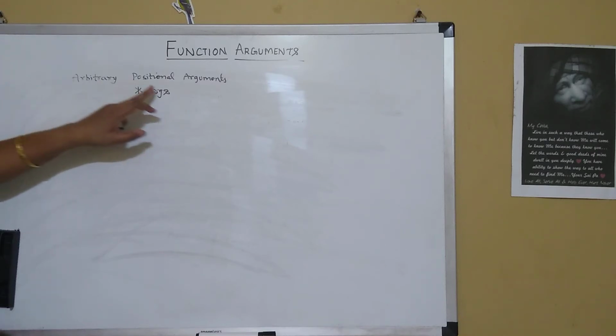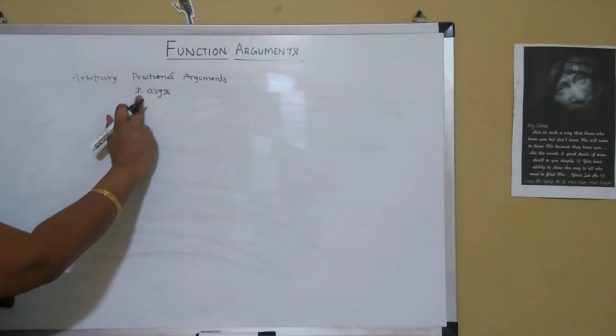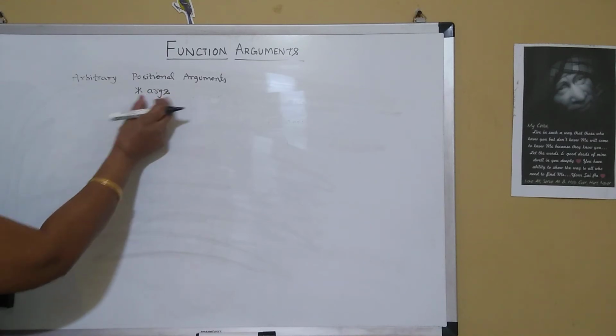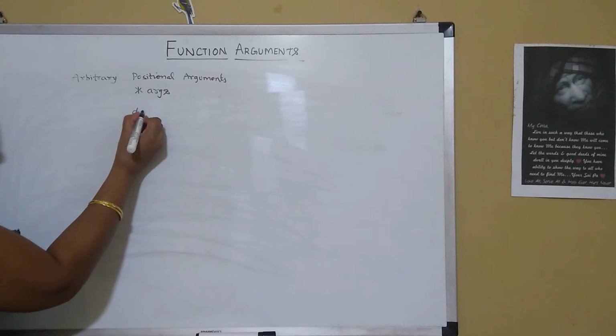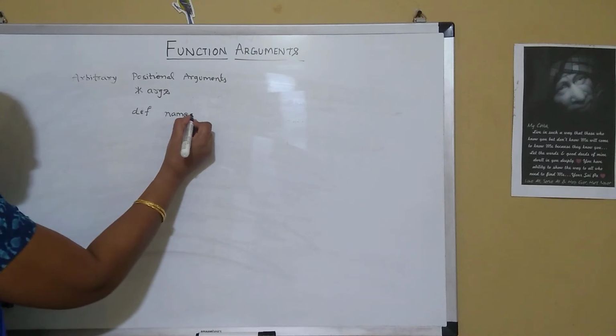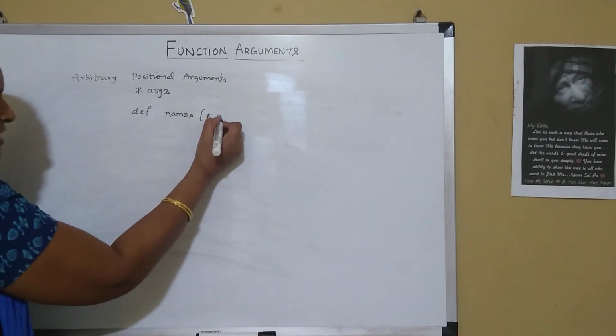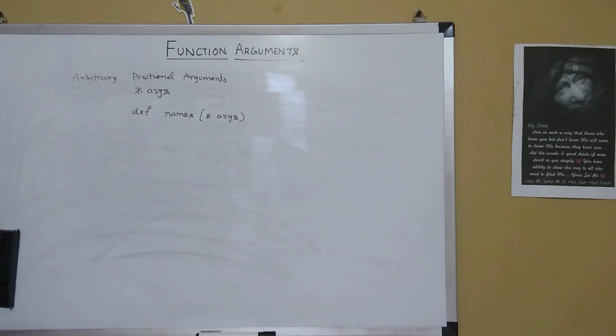So arbitrary positional arguments will have a star and the name of the variable argument. So now if I say def names, and I give star ARGS. So when I give star, it can accept n number of values from the function call.